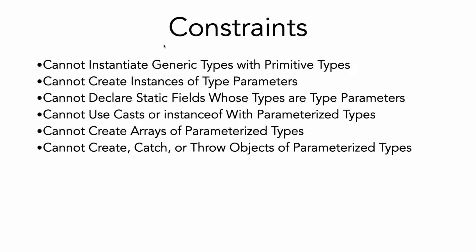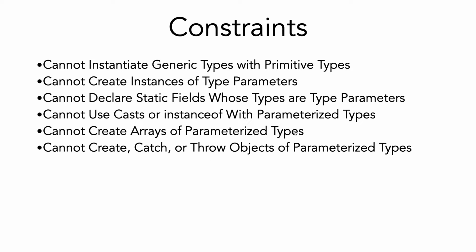So the few constraints, you can read them out: we cannot instantiate a generic type with primitive types, so primitive data types we cannot use for generics. We can't create an instance of type parameters, and can't declare static fields. We cannot create casts or instanceof with parameterized types, and cannot create arrays of parameterized types.